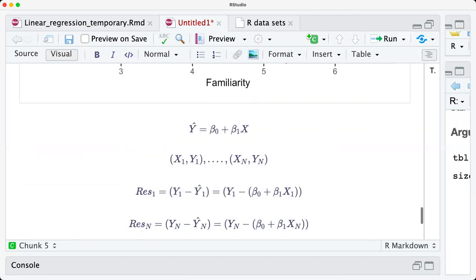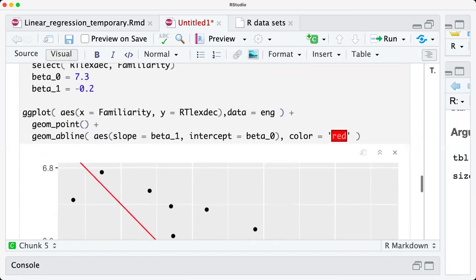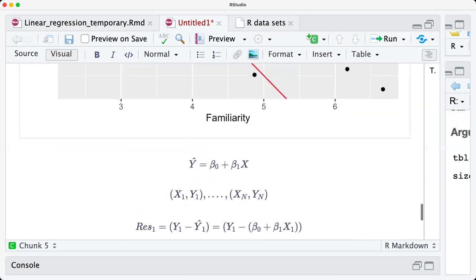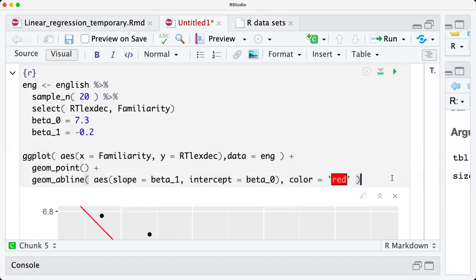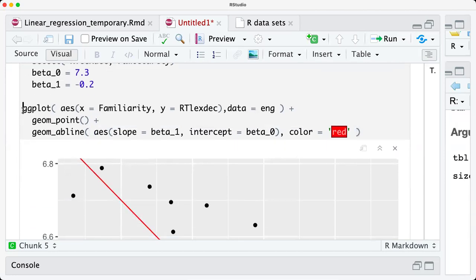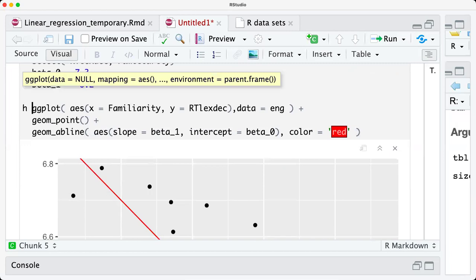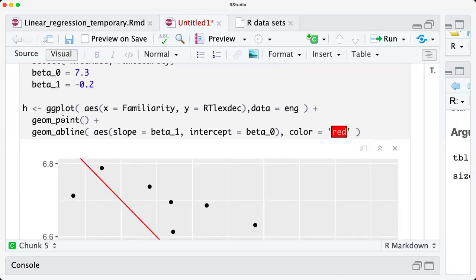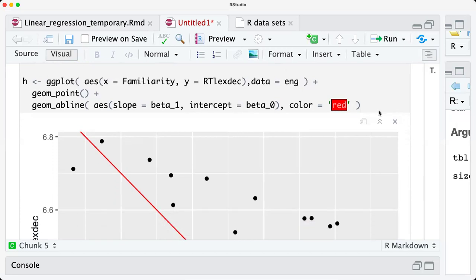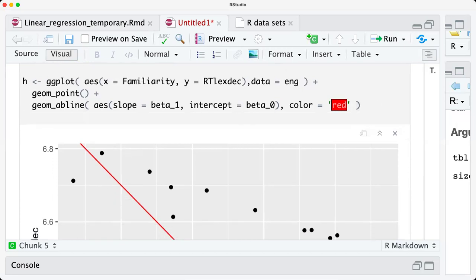So let me, in this picture, plot this residual. Now it will be a little bit of a mess in the code. So we save this plot into a variable h. Now we do a for cycle.